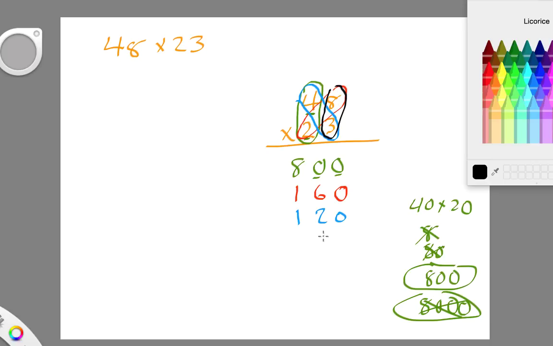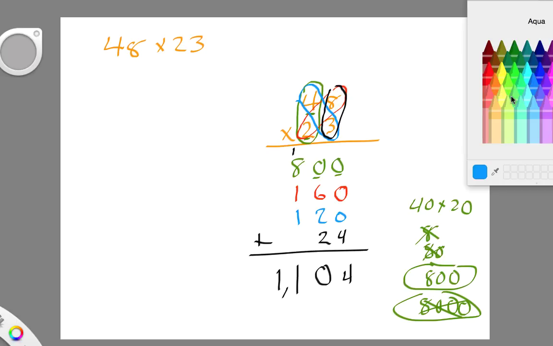And those are all just regular numbers, so it's 24. 8 times 3 is 24. And then we add 6, 7, 8, 9, 10, carry the 1, 8, 9, 10, 11, 1,104 is our answer.